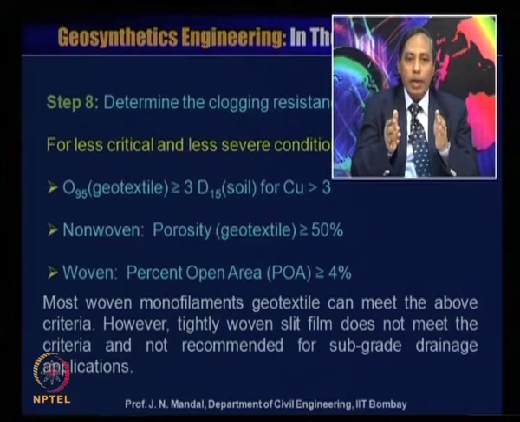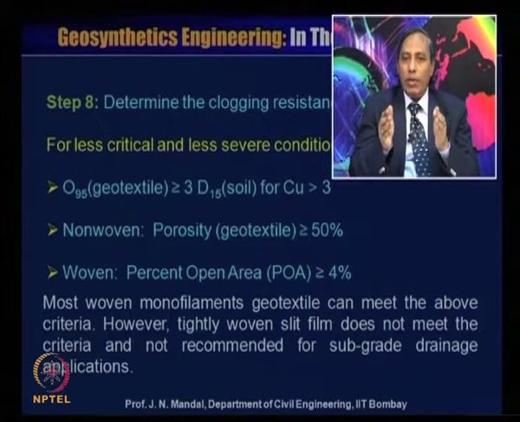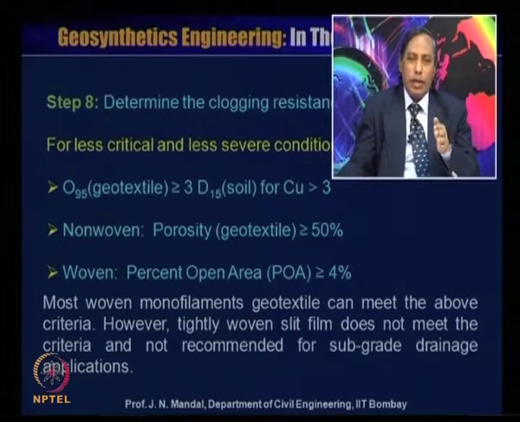If it is a woven, then percentage open area, or POA, should be greater than or equal to 4%. Most woven monofilament geotextile can meet the above criteria. However, tightly woven slit film does not meet the criteria and is not recommended for subgrade drainage application.